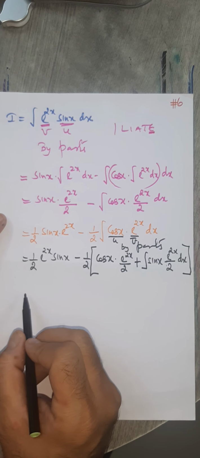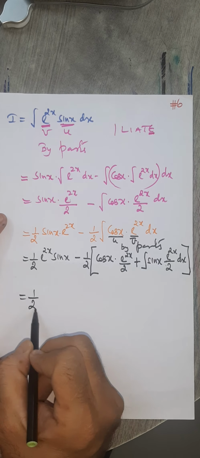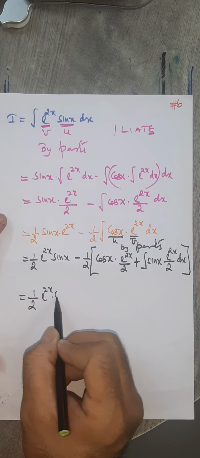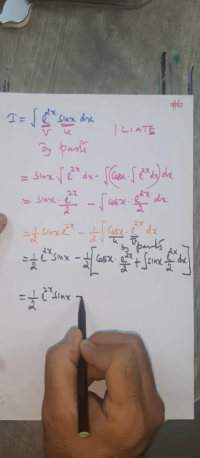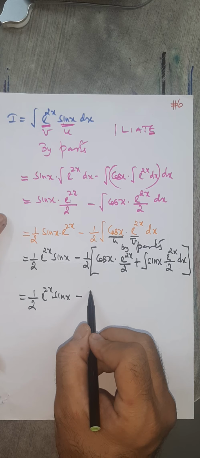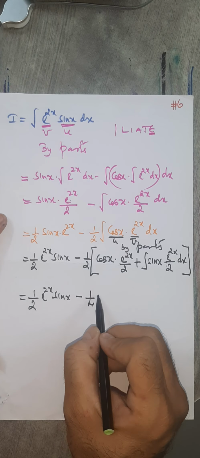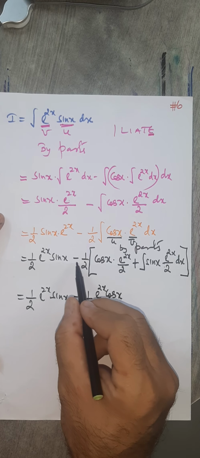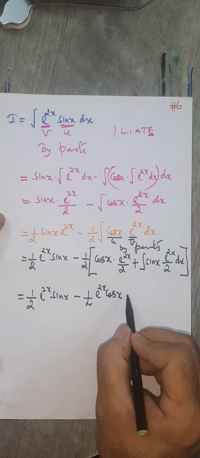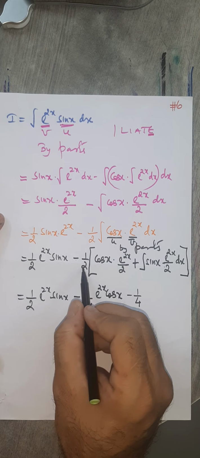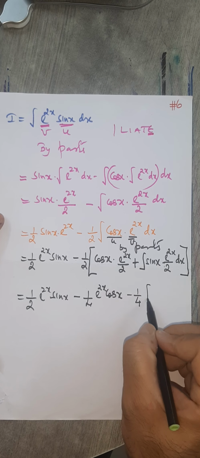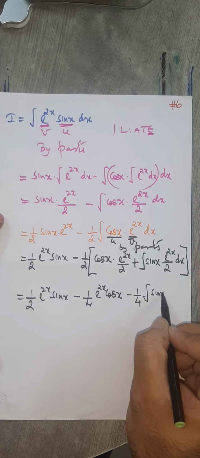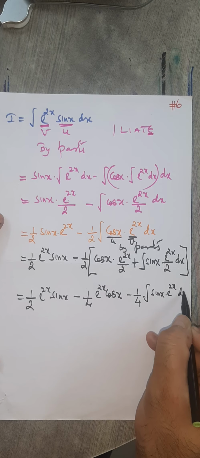Okay, so now here let me just rewrite e raised to 2x into sin x. Here if I open the bracket, this is 1 by 4, half, e raised to 2x into cos x. This minus, so you have 1 by 4. And inside this, you have sin x into e raised to 2x dx.